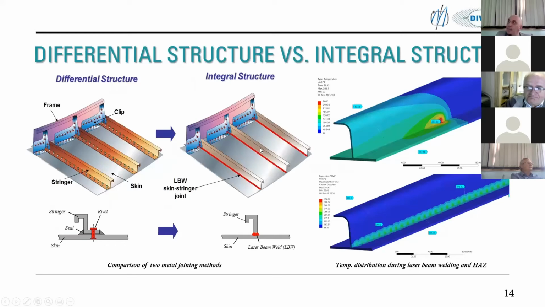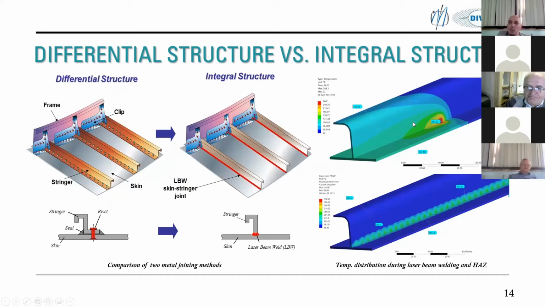And the main difference between differential structure and integral structure design, you can see on this image. So for differential structure, for connection between two metallic parts, we use rivets, riveted joints, while on the other hand, for integral structure, we use laser beam welding, as you can see. Just to mention here, it's not part of this presentation, but probably will be part of some next presentation.